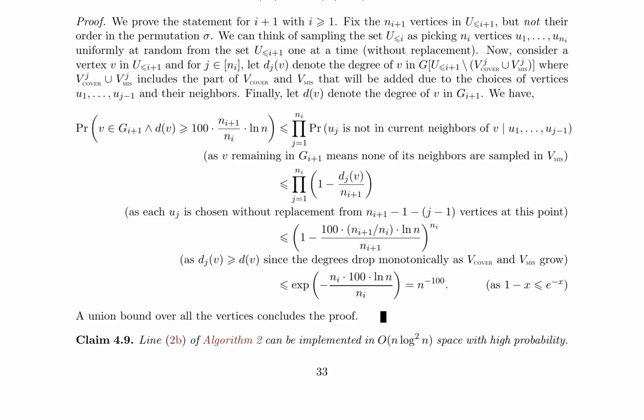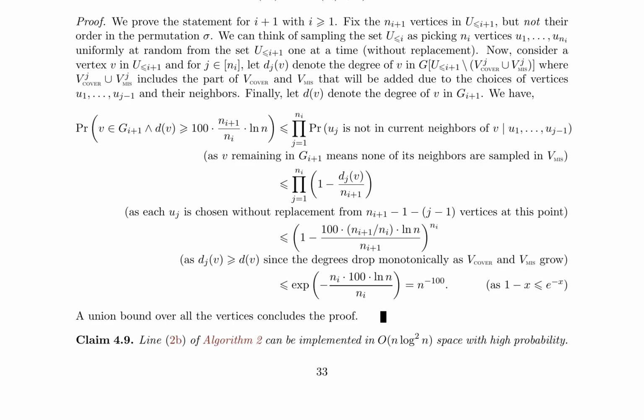A helper lemma, lemma 4.8, is proved to bound the space complexity of algorithm 2. This lemma, originally due to ACG plus 1,5, states that with high probability, the maximum degree of (gi) is bounded by (100) ni ln n. The proof involves considering the sampling process of vertices in (ui) and bounding the probability of a vertex having a high degree.